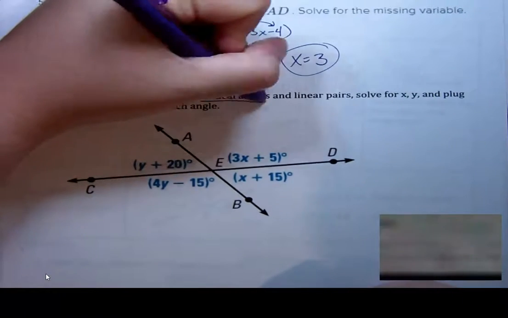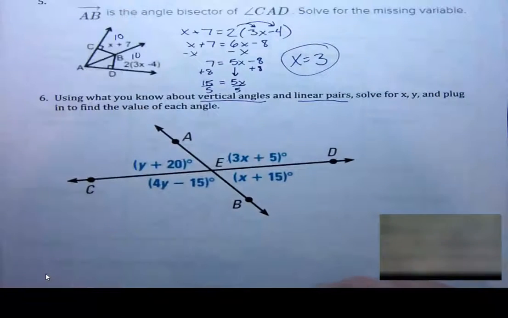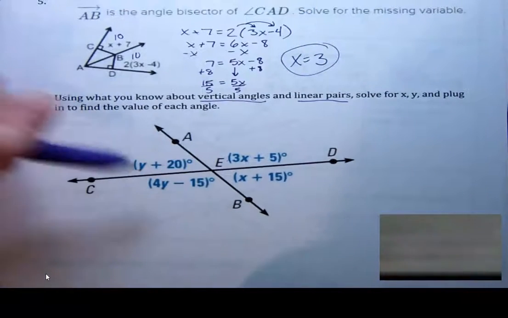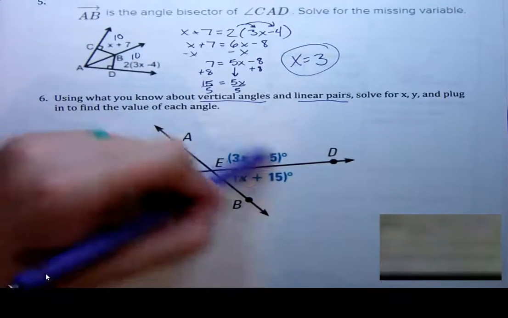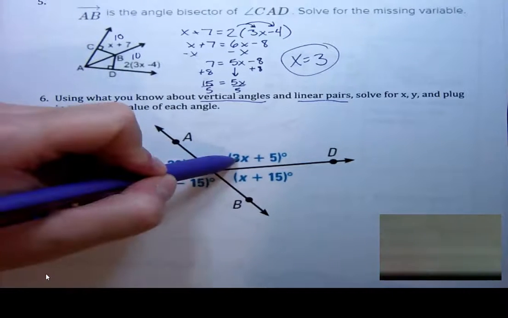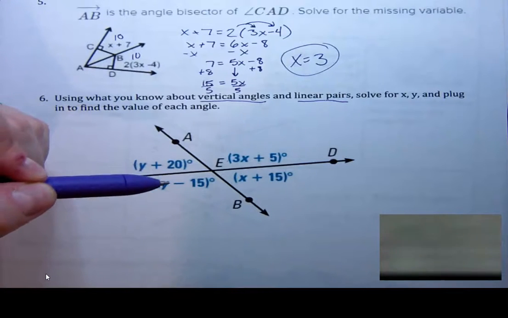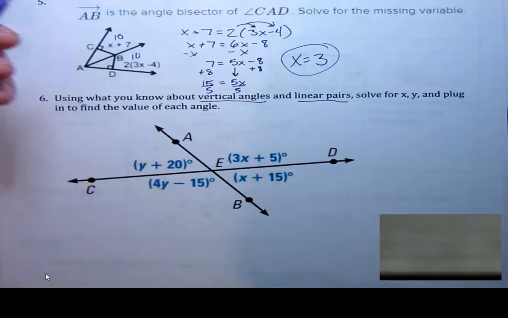All right, using what you know about vertical angles and linear pairs, solve for x and y. So you can always set these equal using the vertical angle property and solve using systems of equations, but I think that's a really difficult way to do it. I think the easier way would just simply be, okay, we know that both of these are going to add up to 180 because they are linear pairs.